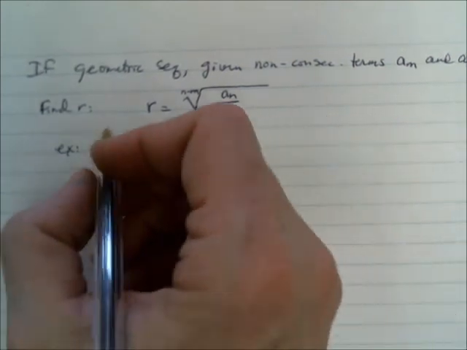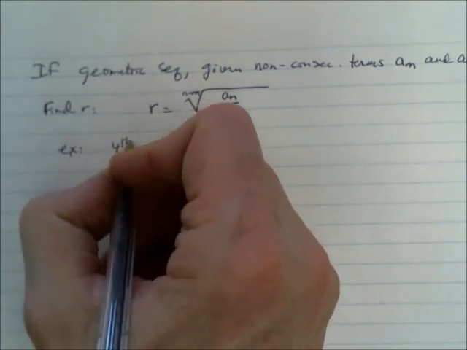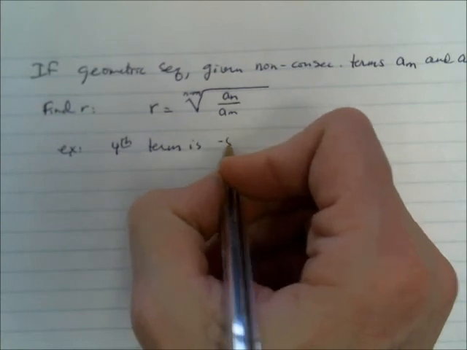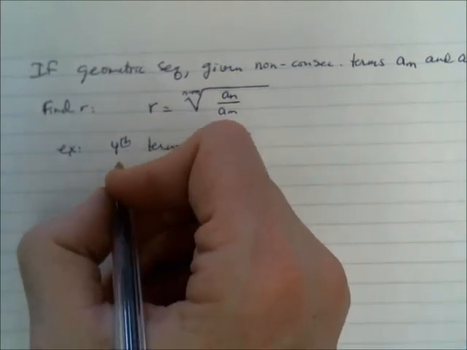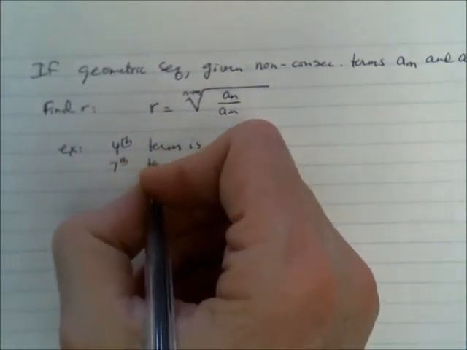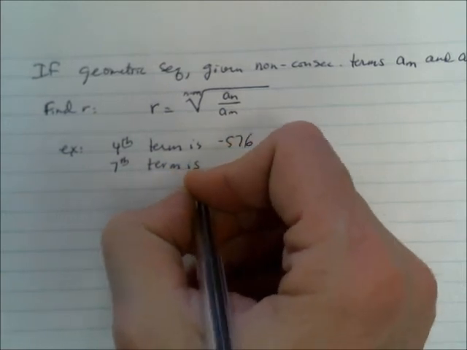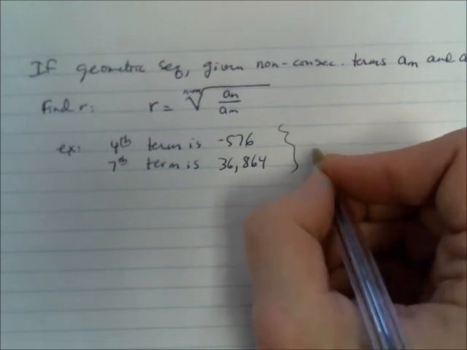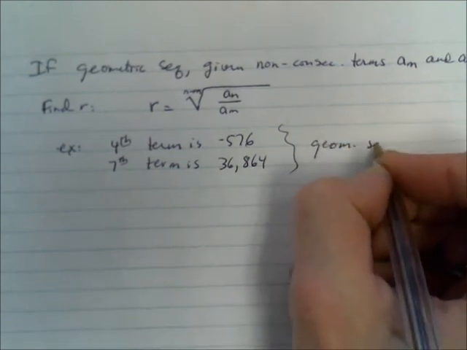Let's say we have the fourth term is negative 576, and let's say the seventh term is 36,864, and that's in a geometric sequence.